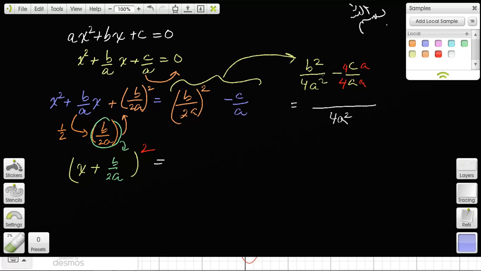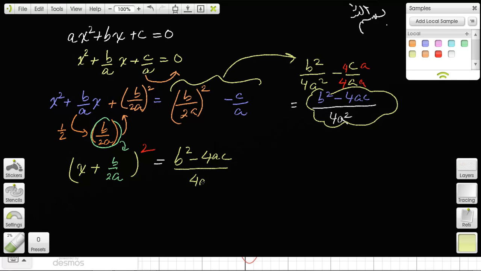On the top I have b squared minus 4ac. Put the a before the c. So all of this is just this added over there. So I'm going to put this over here: b squared minus 4ac over 4a squared. Good. Phew.